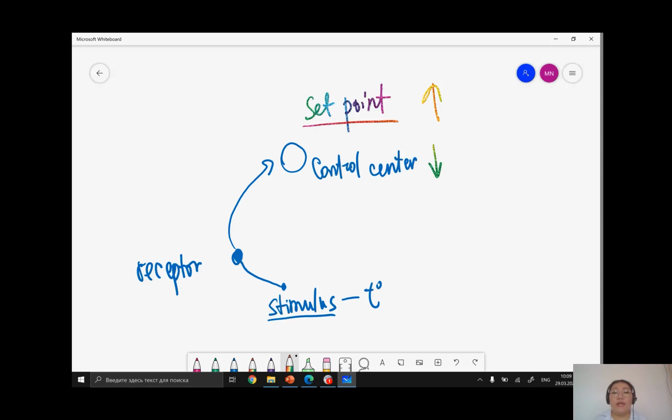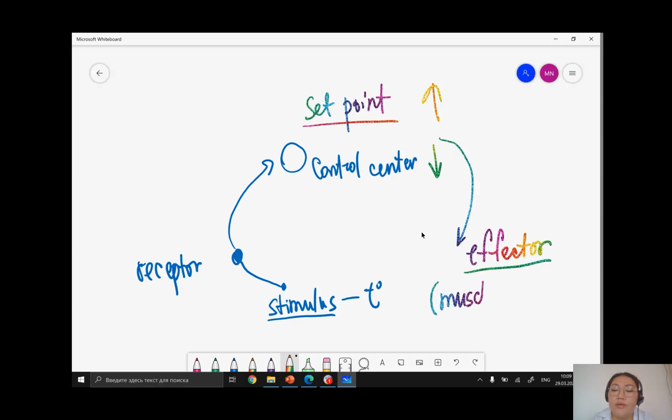The control center then sends the signal to the last part of your negative feedback or positive feedback loop. This is the effector. It sends the signal to the effector, and in most cases it's the muscles or glands.